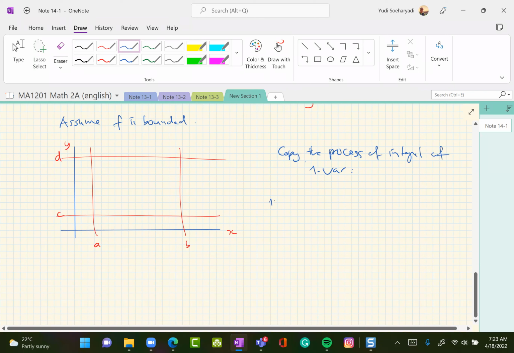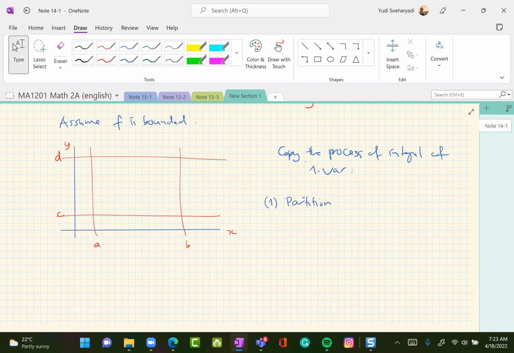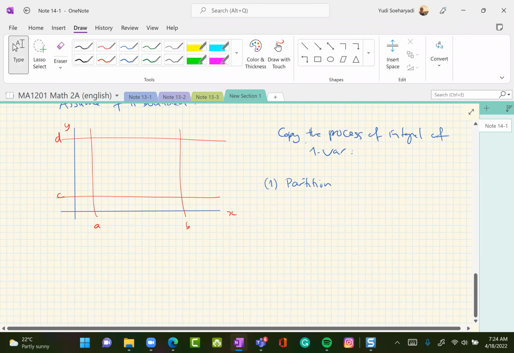So here we first do some partitions. But our partition now is partitions into small rectangles. So a bunch of small rectangles.